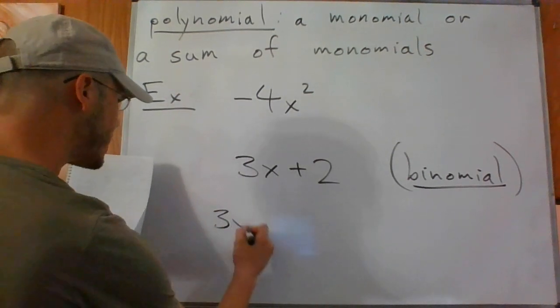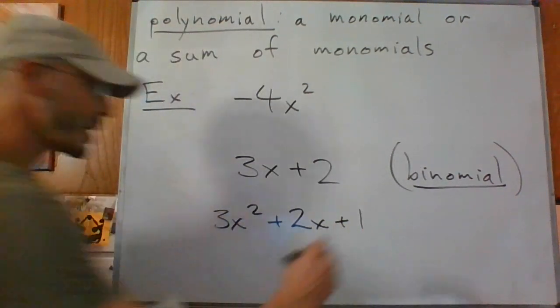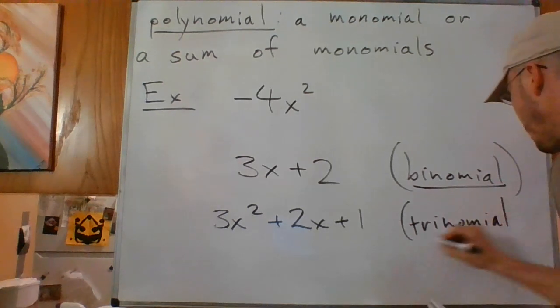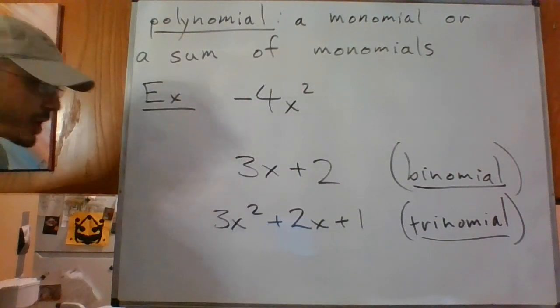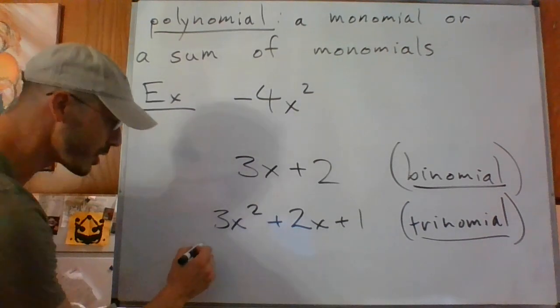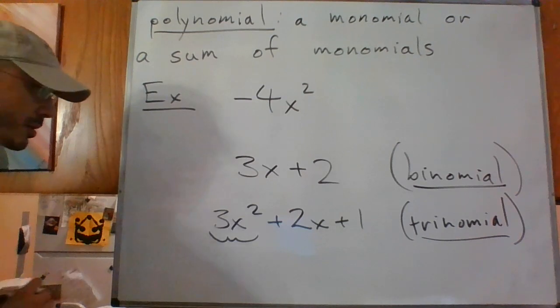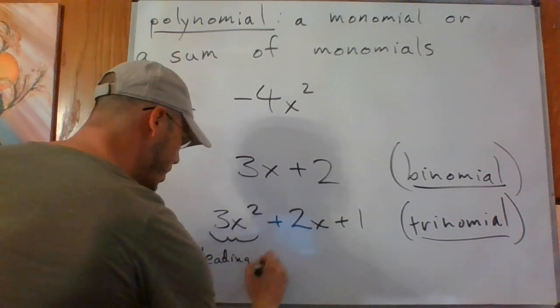Here's another, 3x squared plus 2x plus 1. That's an example of a trinomial. And I'm going to point out a few things about this one. First of all, this whole piece, the 3x squared, that's called the leading term.